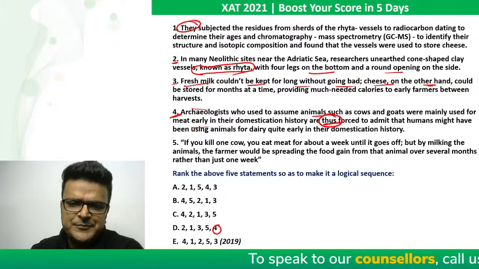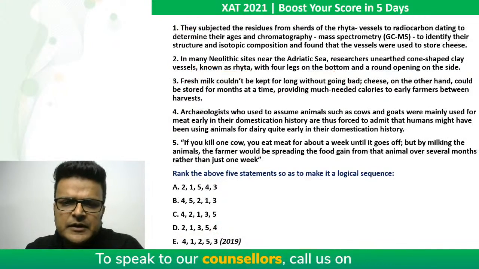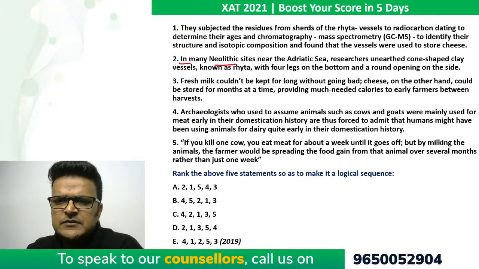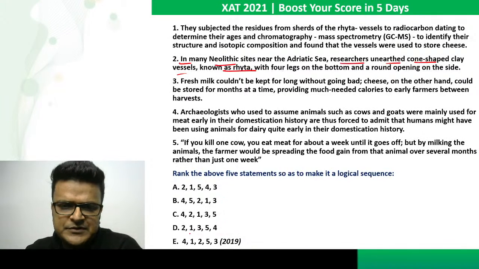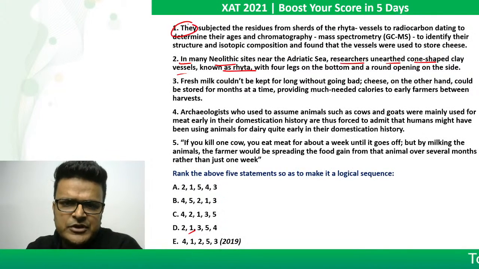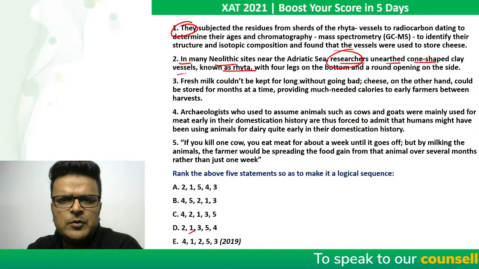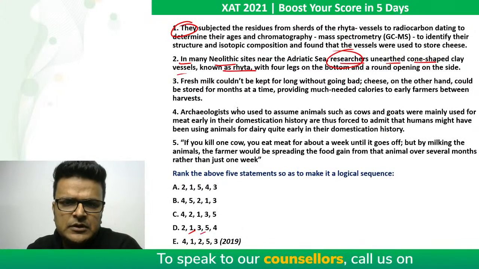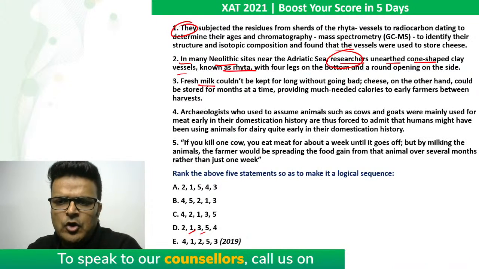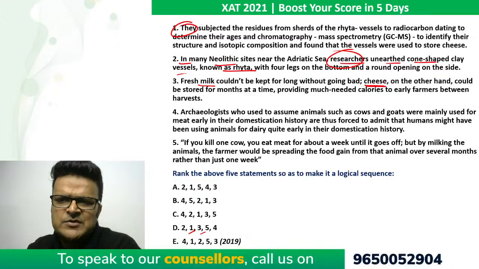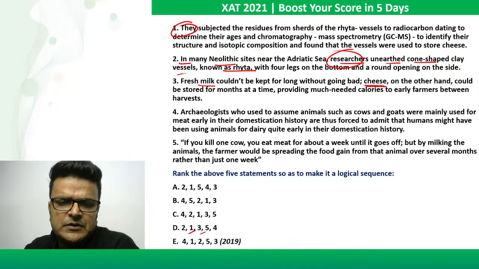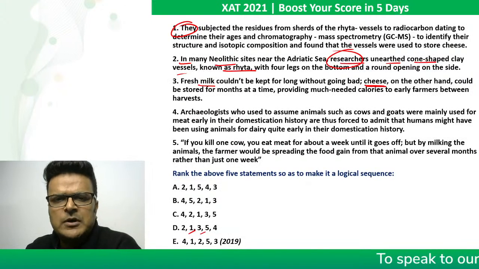एक बार ट्राई करके देखते हैं. Second says, in many Neolithic sites, researchers unearthed cone-shaped clay vessels known as raita. Introduction. First, they subjected means researchers, makes perfect sense. Third, fresh milk could not be kept for long, so the farmers made cheese. Correct? And then it says fifth, if you kill one cow, you eat meat for about a week.